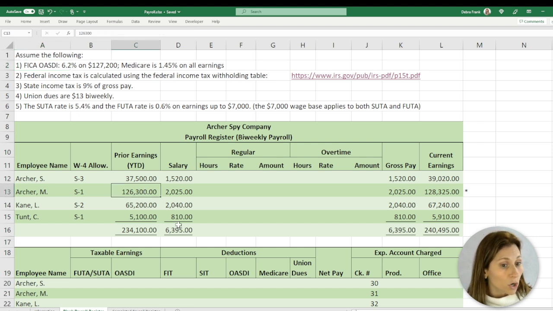Oh, okay. We didn't go over quite yet in the prior earnings. We were at 126,300 and we have up to the 127,200. So we're going to take note of that because not all of this salary, only up to 127,200 will be taxed for the OASDI at the OASDI rate. So we want to take note that that will be different.